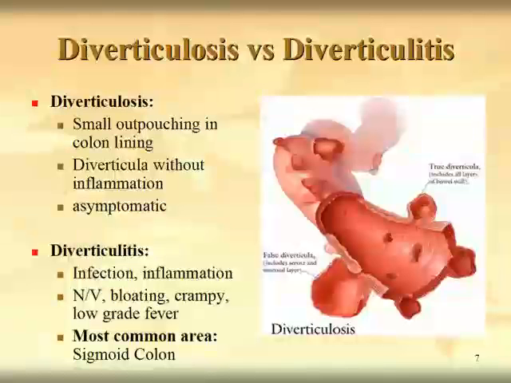With the patient that has diverticulitis, there's always that risk of infection and inflammation, and typically those patients will have nausea and vomiting, feel very bloated, crampy. They may have a low-grade fever, and the most common area of the bowel that these are found is actually in the sigmoid colon, and that's about 90% of where you see the diverticulitis occur.